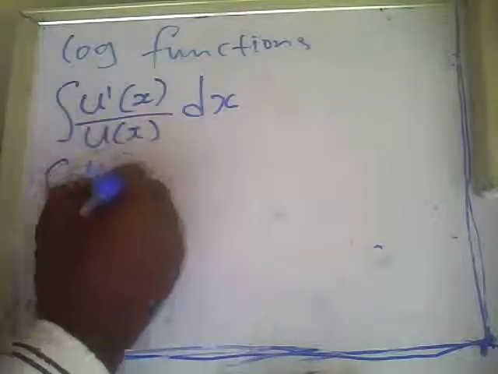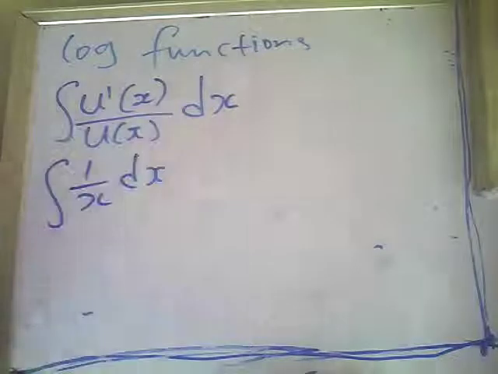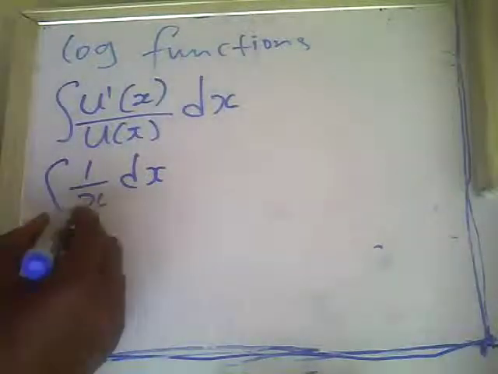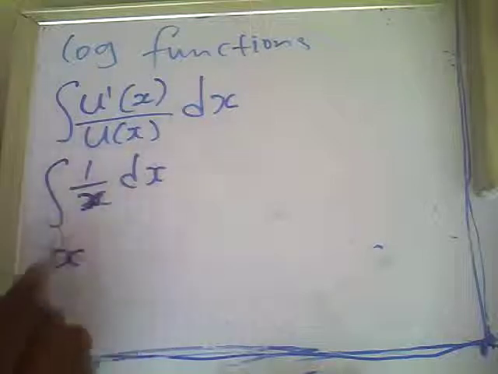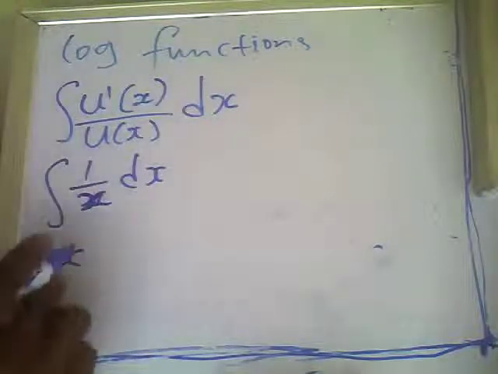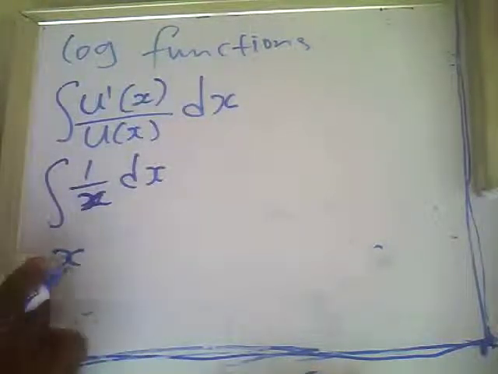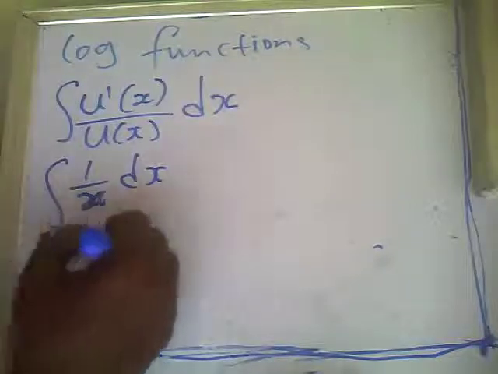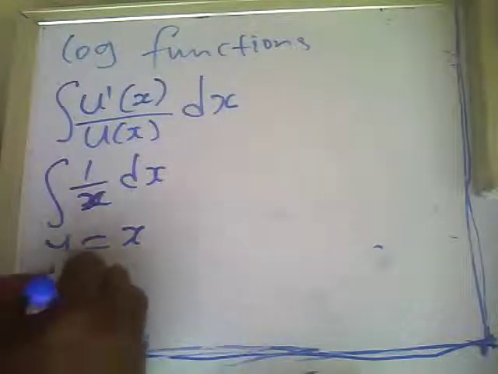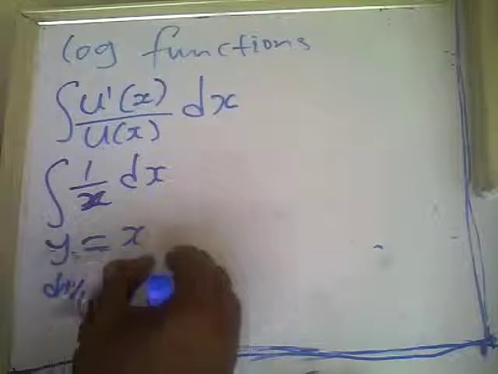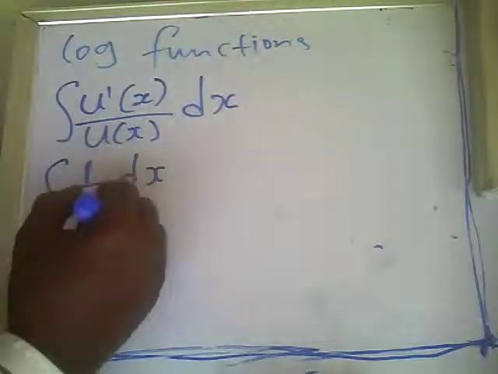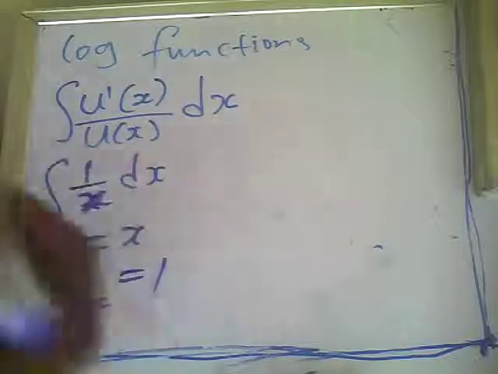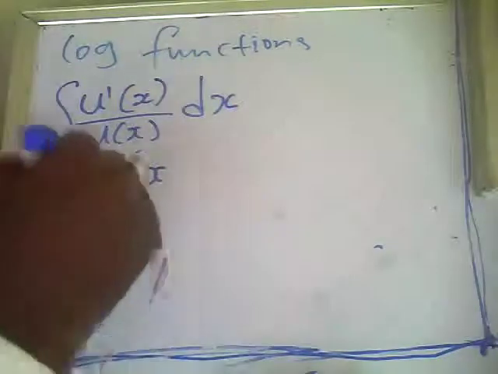So for instance, if we are to integrate 1 over x dx, you can see that when we differentiate the denominator, which is x, we obtain dy/dx, which is 1. So the numerator is 1, the denominator is x, and the numerator is the derivative of the denominator.